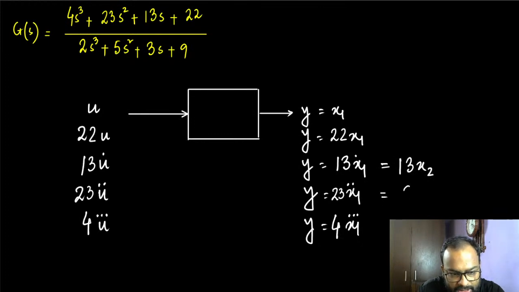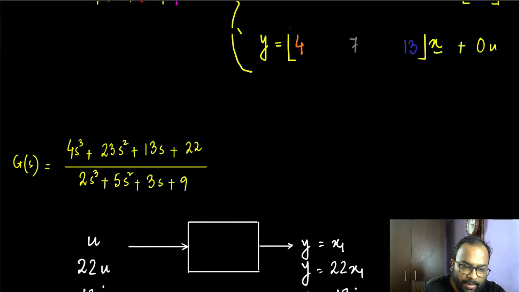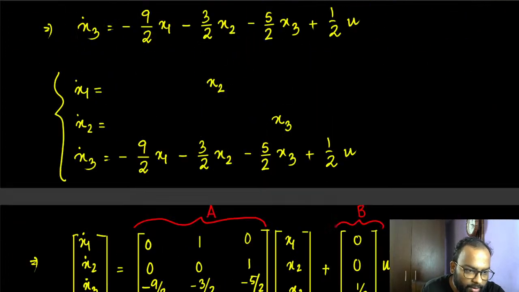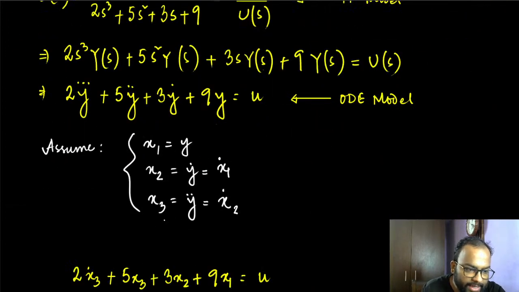This is just 23x3. And this is just 4. Now what is x1 triple dot? Let's go back. I see that x1 is y, so x1 triple dot is x3 dot, because x3 itself is y double dot. So x1 triple dot would be x3 dot, because x3 itself is this. So if I write this, then we have a problem.